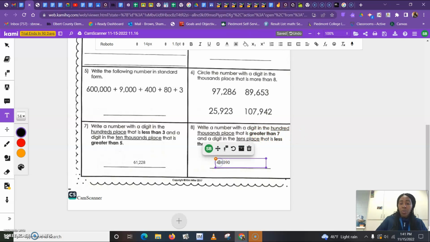So this is my 100,000s place, so I'll pick a 9 because it's bigger than 7. And a digit in the tens place that's less than 5. So my digit in the tens place needs to be less than 5, so I'll pick a 1. So they don't give us any more particular things that we need to worry about. So my number is 986,310. So you need to come up with your own number that has a digit in the 100,000s place that is greater than 7, and a digit in the tens place that is less than 5.